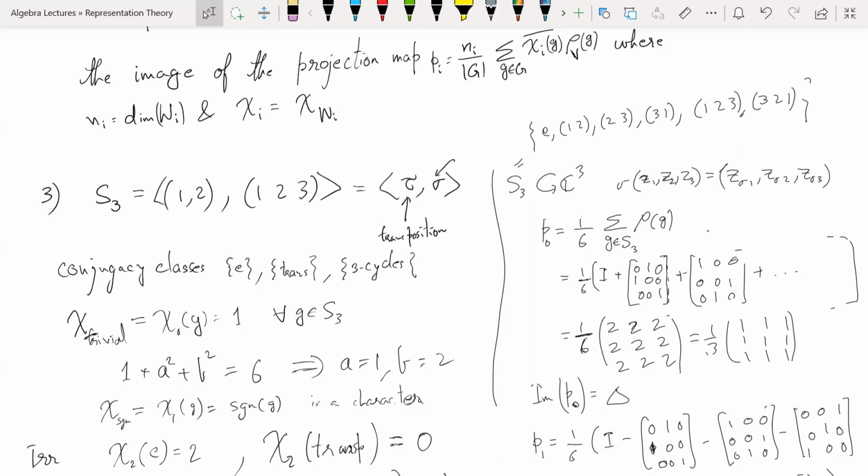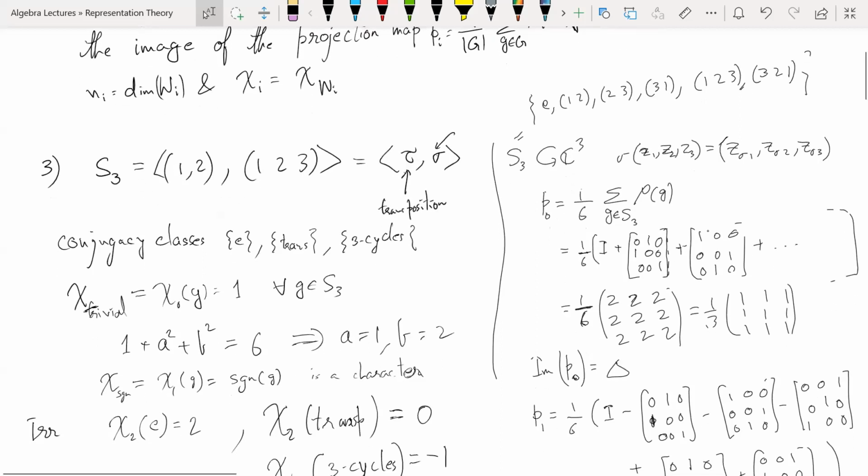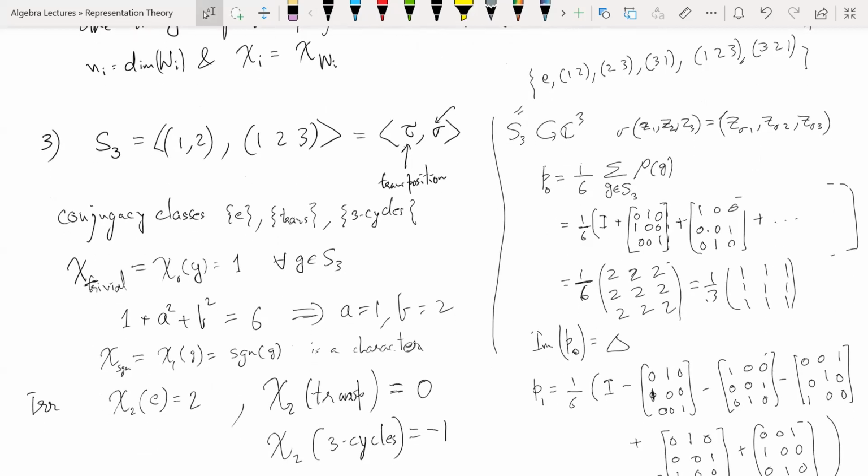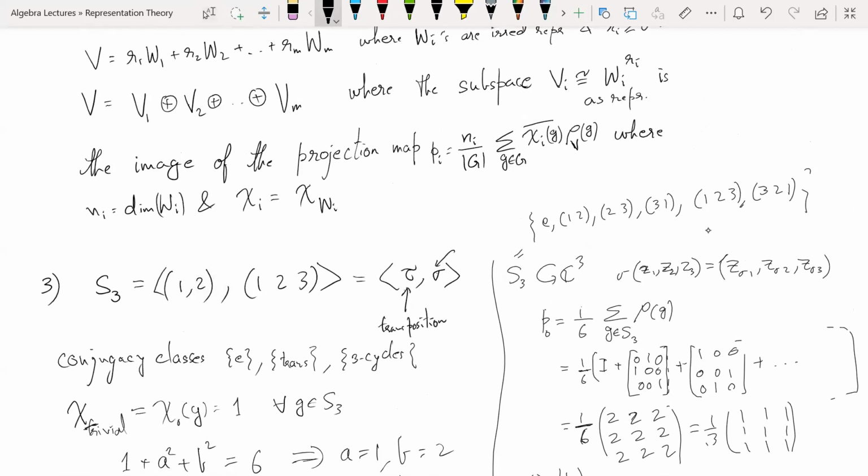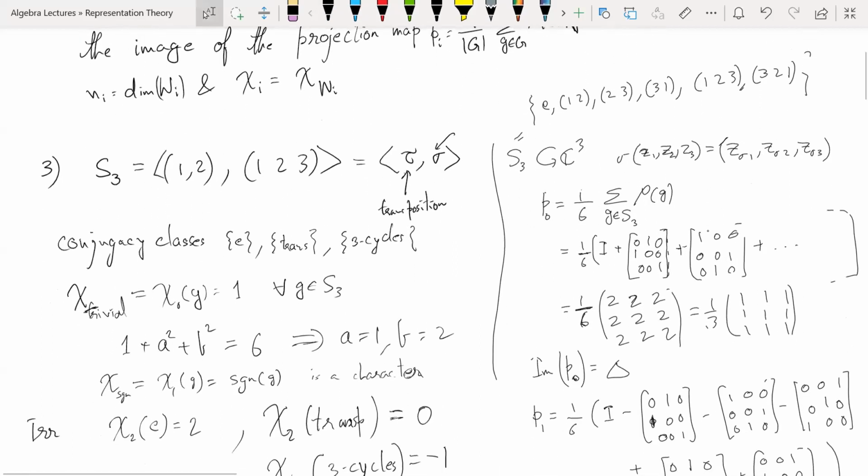Now let's try to compute P1. So P1 is again 1/6, and then you get identity, and you have to multiply. Remember the formula says chi1 bar of g times rho of g. And chi1 is the sign function, right? So the sign of the identity is 1, the sign of a transposition is -1. If you take the bar, nothing changes, they're all real valued. So you get I minus for the transpositions. Since this corresponds to a transposition, you get a negative sign.